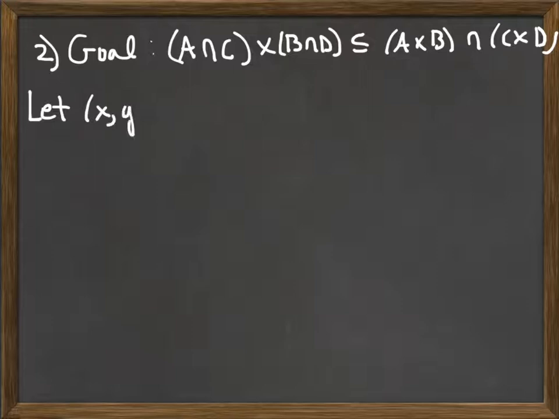So our elements over here are part of a cross product, so let xy be an element of A intersect C cross B intersect D.